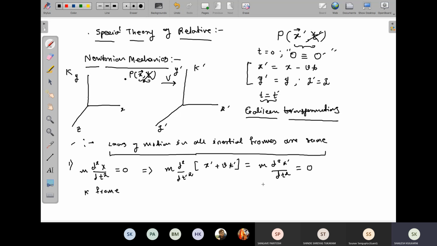So in the K prime frame also you have the same equation. What do I mean by the same equation? The transformation should not generate any first derivative or any other extra derivative terms. Otherwise it will be different.